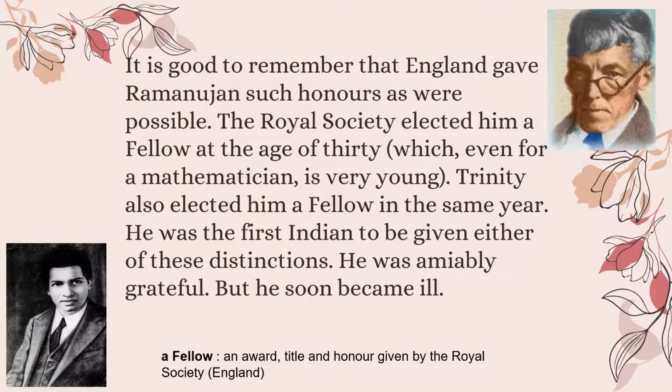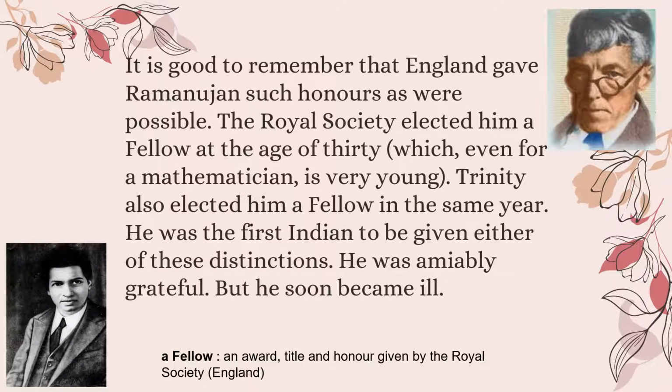In this paragraph we understand it was good to remember that England gave Ramanujan such honours. The Royal Society elected him a Fellow, which again means an award or title or honour given by the Royal Society, at the age of 30, which for a mathematician is very young.